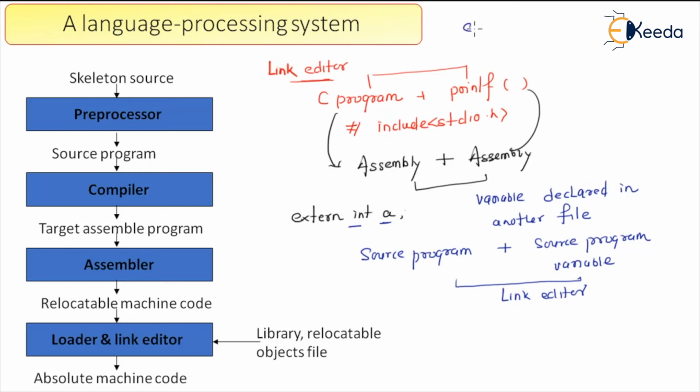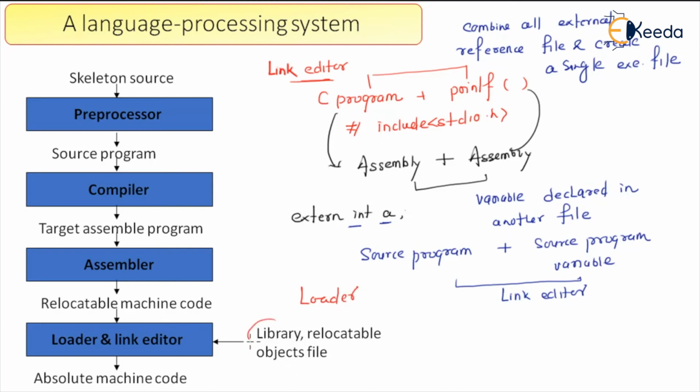It is the responsibility of the link editor to combine all external reference files and create a single executable file. Creating a single executable file is the responsibility of the link editor.